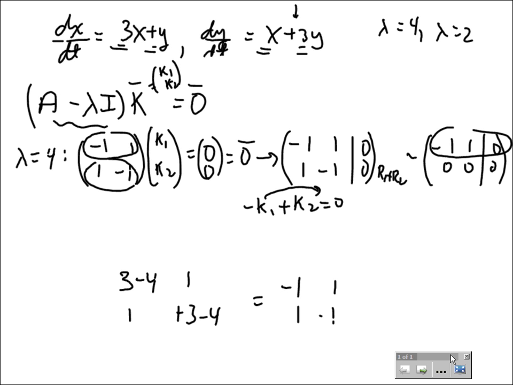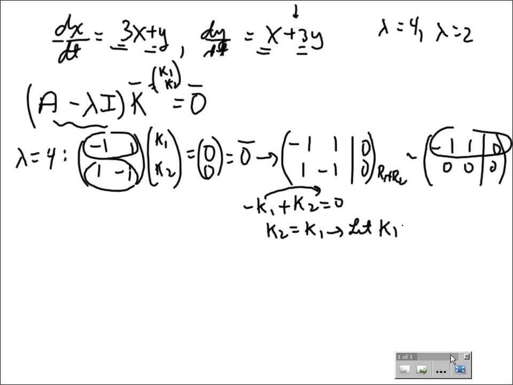Bringing that to the other side, it says that k2 is equal to k1. So you let k1 equal some nice number. Let k1 equal 1. Well, that implies that k2 is also 1, because whatever k1 is, k2 is equal to that.